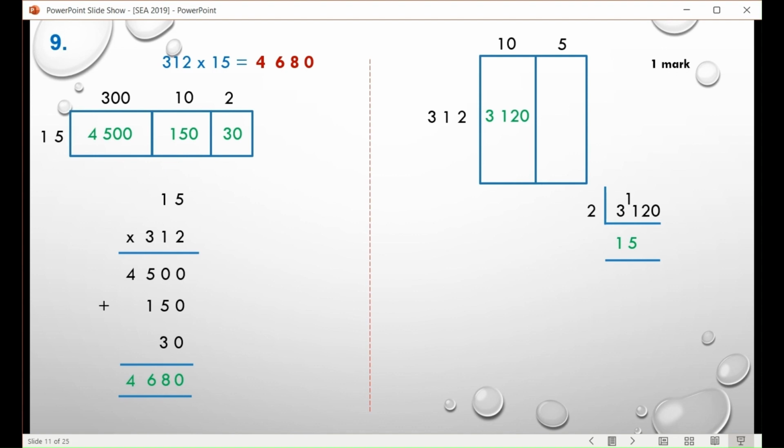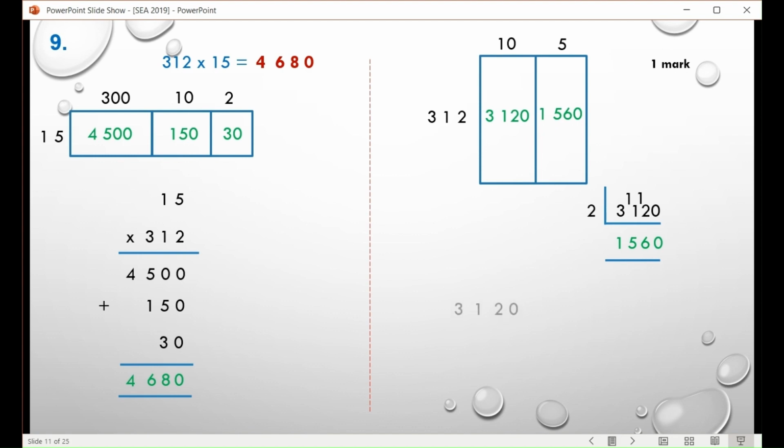So 100 is 10 tens and we have 2 tens. So that gives us a total of 10 and 2 is 12 tens. So 2 into 12 tens is 6 tens. And 2 into 0 is 0. So we actually have the area of the smaller rectangle, which will be half the area of the larger rectangle.